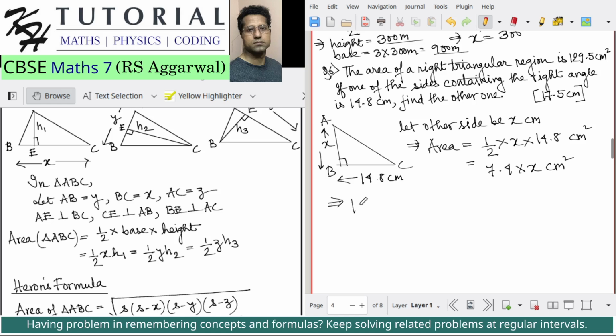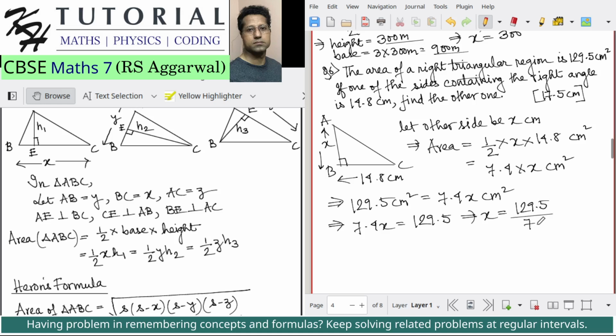So we must have 129.5 centimeter square is equal to 7.4x centimeter square. If you ignore the unit, if we compare just the value, we will get 7.4x is equal to 129.5.